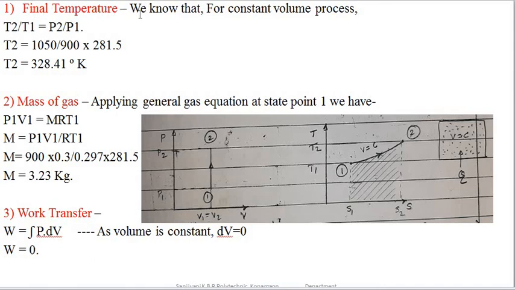So final temperature, we know that for the constant volume process, T2 upon T1 is equal to P2 upon P1. So T2 is equal to, P2 pressure is 1050 kilopascal divided by 900 kilopascal, we are taking those values in kilopascal, into temperature T1 in degrees Kelvin, that is 281.5.